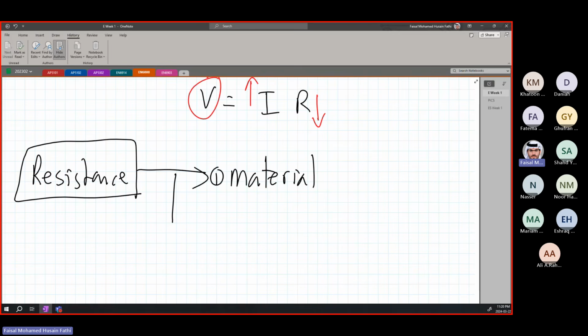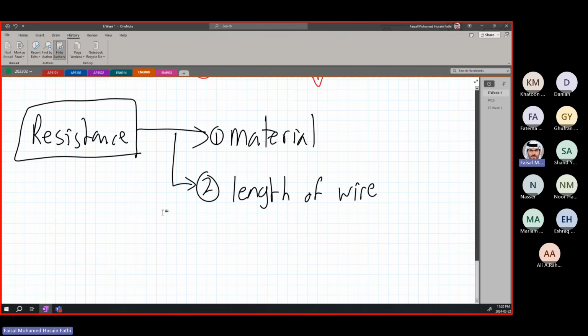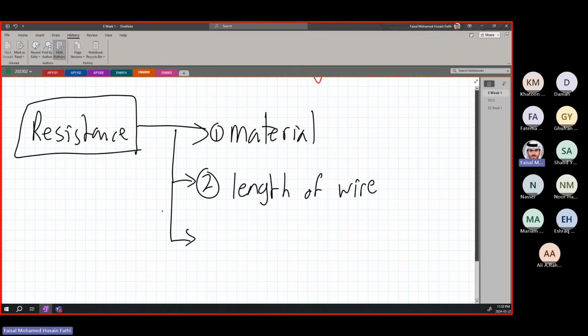It also depends on the length of the coil or of the wire. So it depends on how long a wire is, or how long the material is, or how big the material is. And to be more specific, how big a material is also the area of the material, how thick or how wide the wire is in the case of the thickness or the resistivity of a wire.